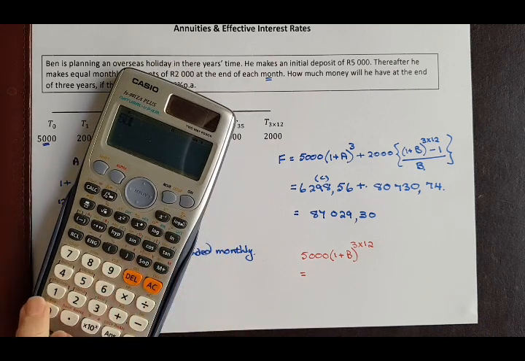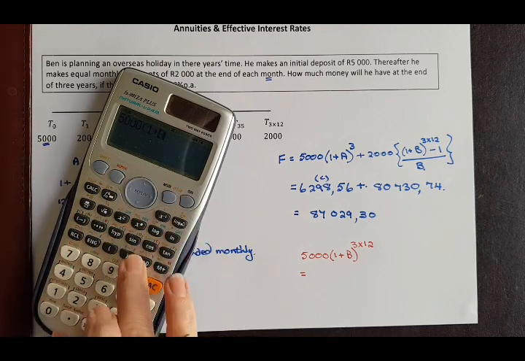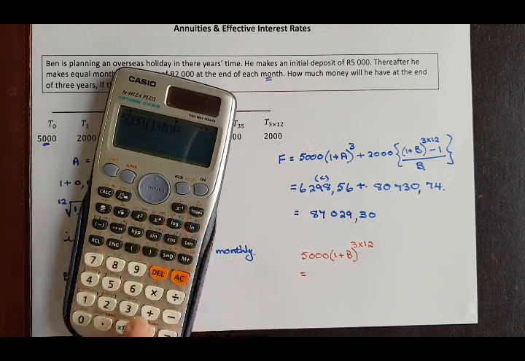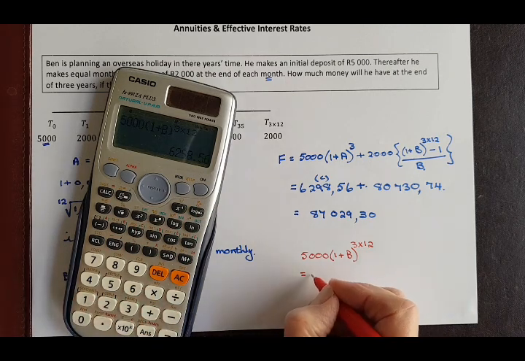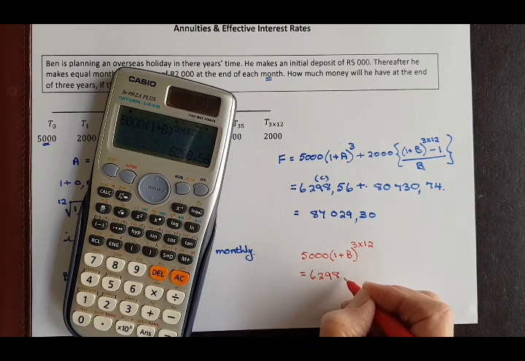So 5,000, open bracket, 1 plus alpha b, close bracket, raised to the power of 3 times 12, and you do get 6298 and 56. Okay.